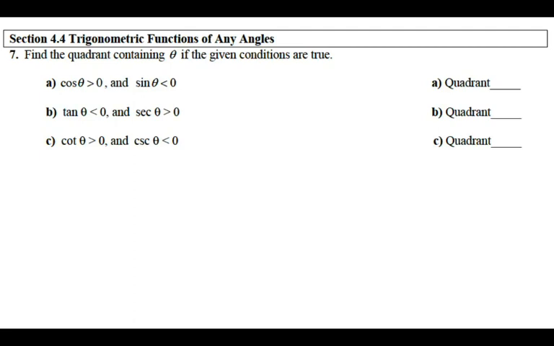All right. Number 7, finding the quadrant containing theta if the given conditions are true. So this is going to be 4.4. In order to do this, it is very helpful if you draw out your quadrants. So this right here, all of my trig functions are positive in the first quadrant. This is quadrant number 1. Quadrant number 2, sine is positive, everything else is negative.